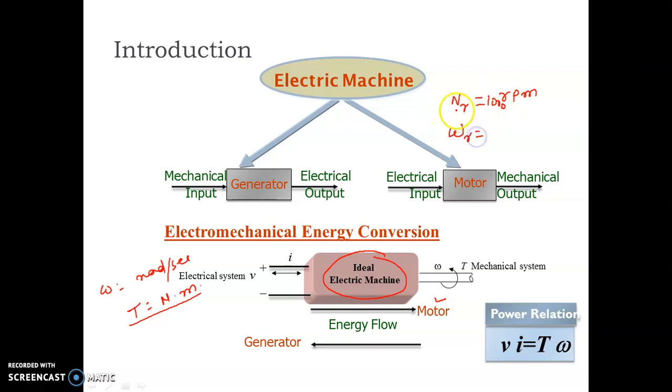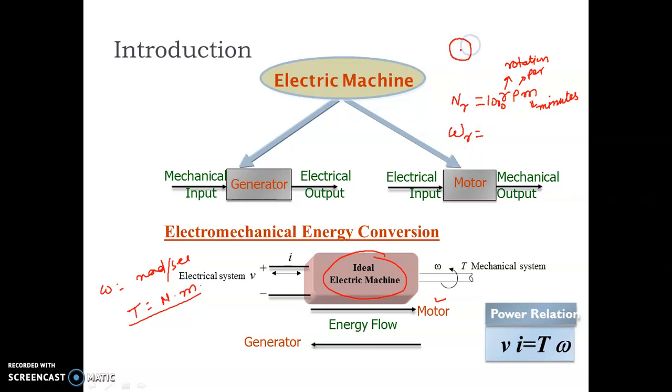R stands for rotation, P stands for per, M stands for minutes: rotation per minute. Now this conversion you can do very easily. Suppose any machine completes one rotation.